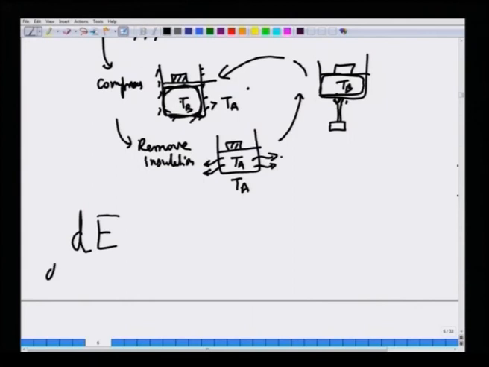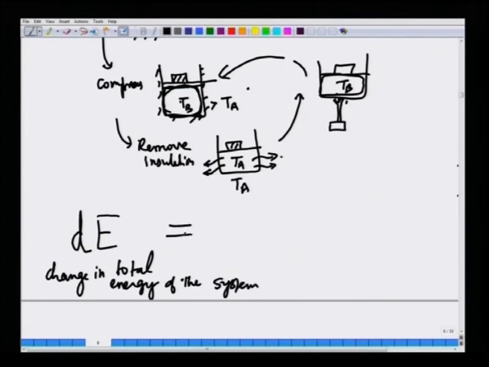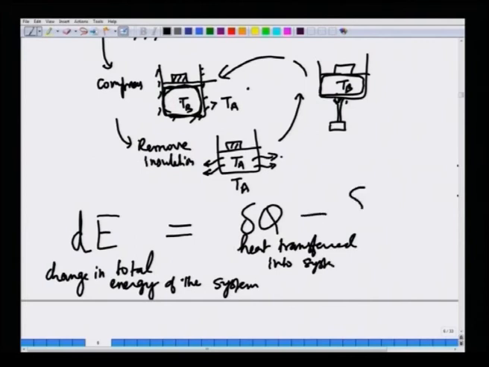The change in total energy of the system, like gas in a piston cylinder assembly, is equal to the amount of heat transferred into the system minus the amount of work done by the system.